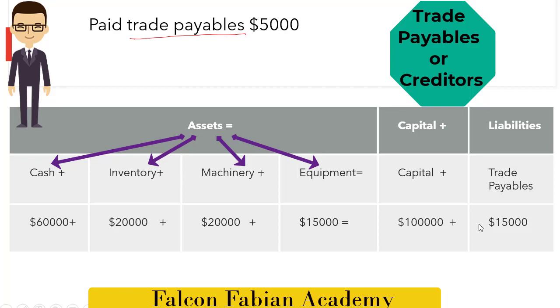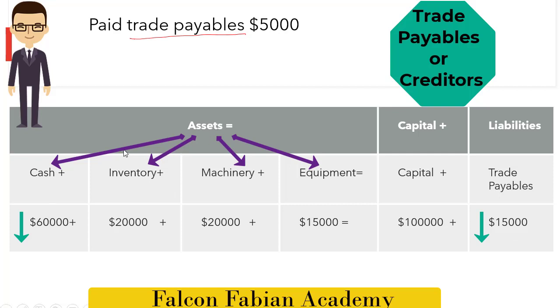So here you would see that your trade payables was 20,000, but now it is only 15,000. And why is it 15,000? Because 5,000 has already been paid. So trade payables has reduced to 15,000, and at the same time the cash has also reduced by 5,000.